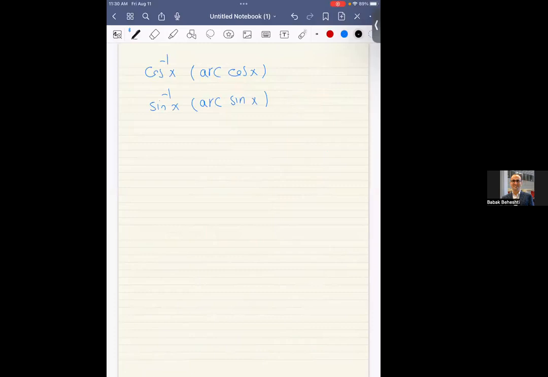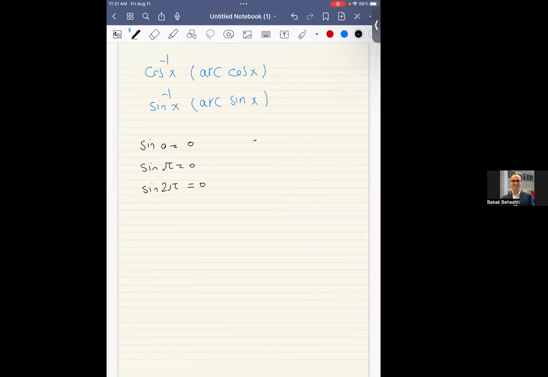We know that, for example, cosine of pi half is 0. Cosine of 3 pi half is also 0. Just let me write: note that sine of 0 is equal to 0, sine of pi is also equal to 0, and sine of 2 pi is also equal to 0.